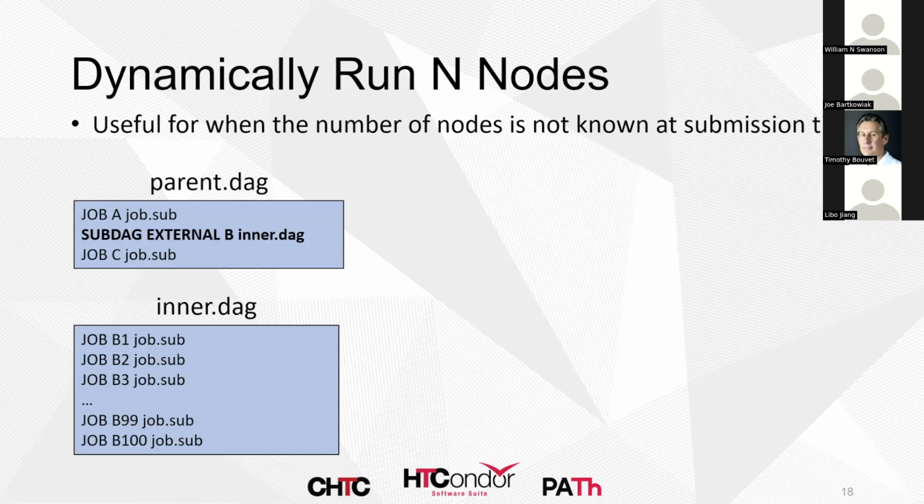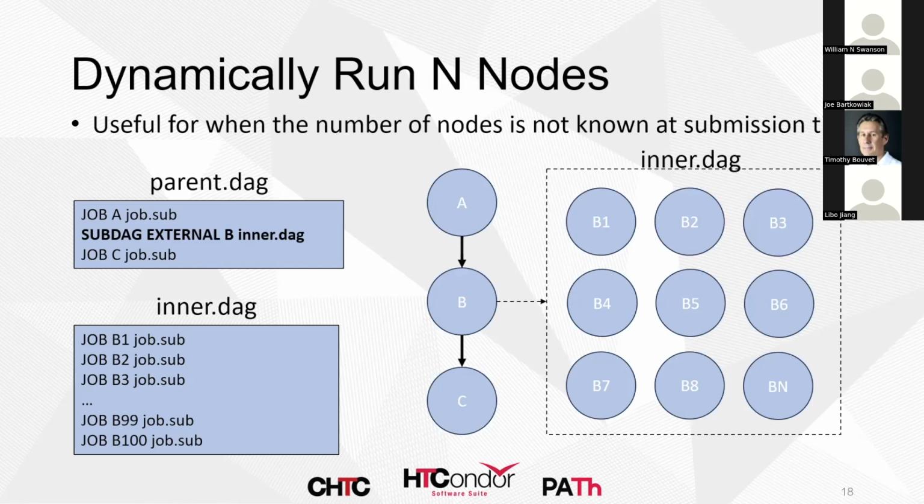So in the parent DAG, you declare your sub-DAG right away. That is all fine and dandy. It's kosher with DAGMan. It says, yep, I know all my nodes ahead of time. And then you create this inner DAG file on the fly. This contains all your jobs that you've randomly created. You didn't know that you needed 100, but once you submit it, it's all fine.